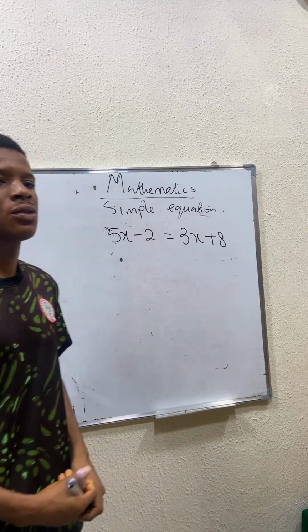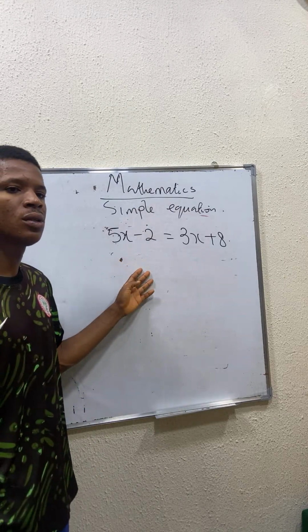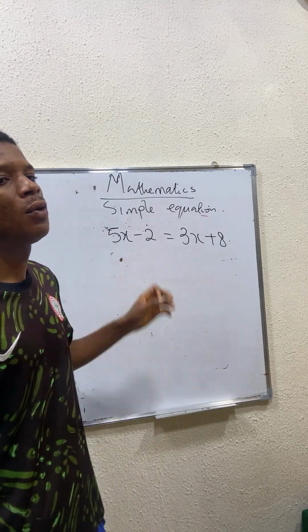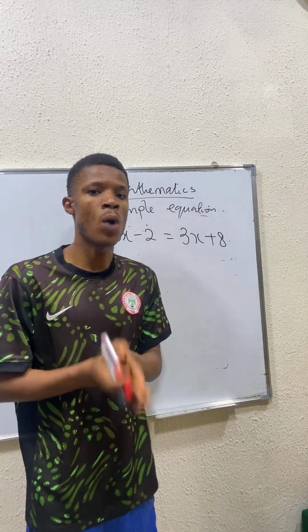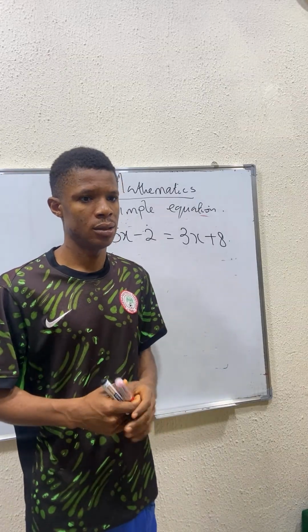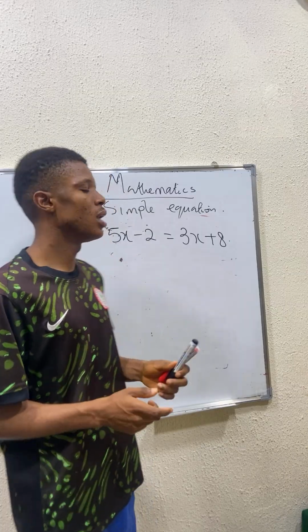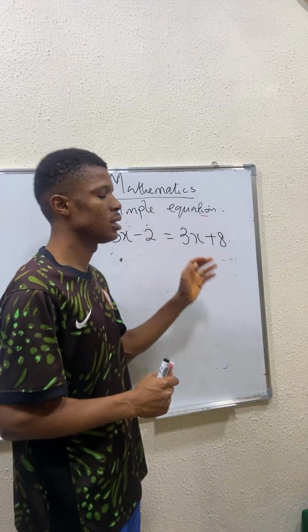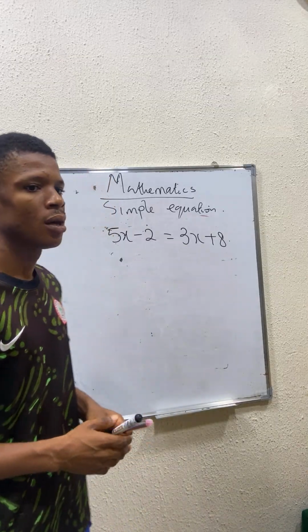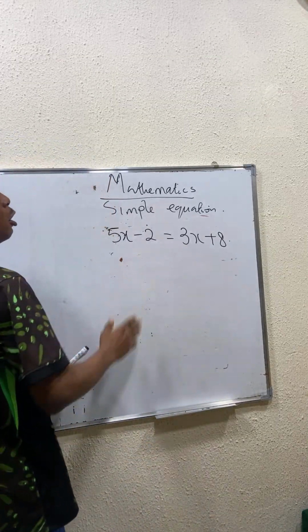For us to solve this particular equation, all we have to do first is to collect like terms, but we do it one after the other. So let's say we have 5x minus 2 is equal to 3x plus 8. First, we start with the numbers.